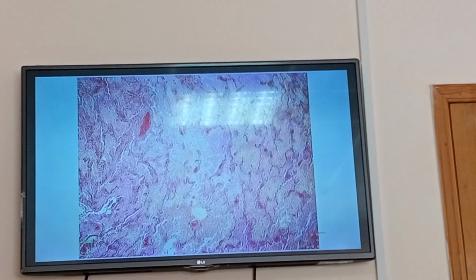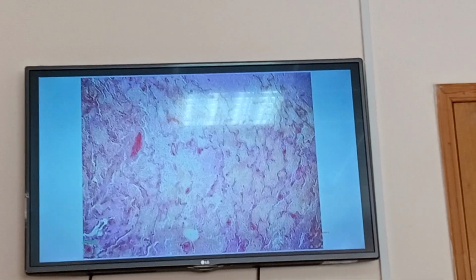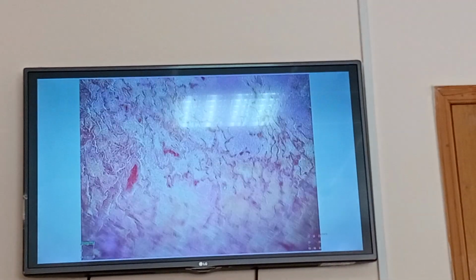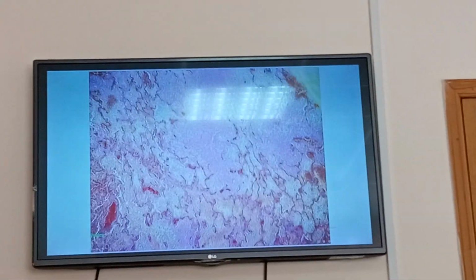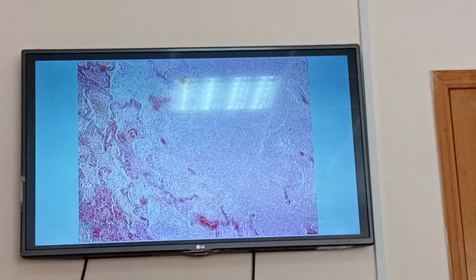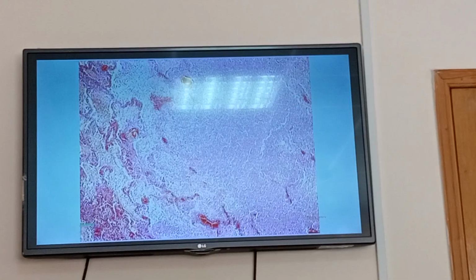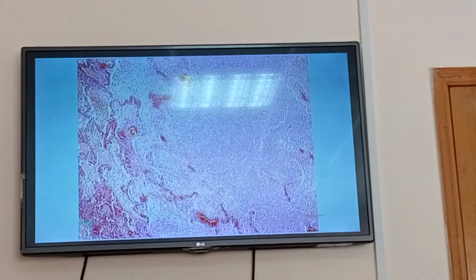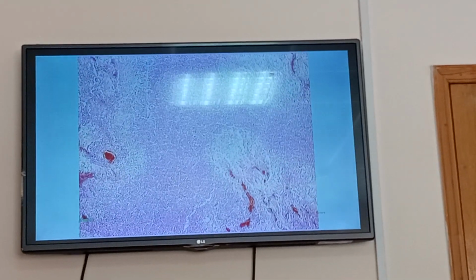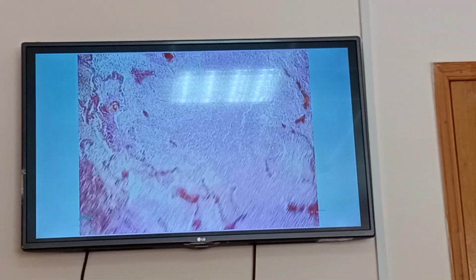Again, lungs. Wall hyperemic of the alveolar duct. And you can see an area which has exudate with many inflammatory cells. We can find here destruction of the wall of the lungs in some localized areas.